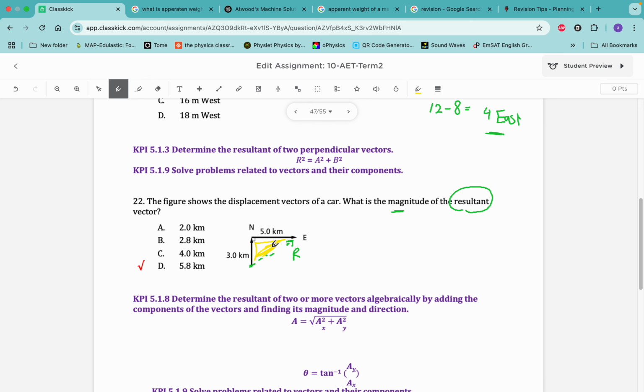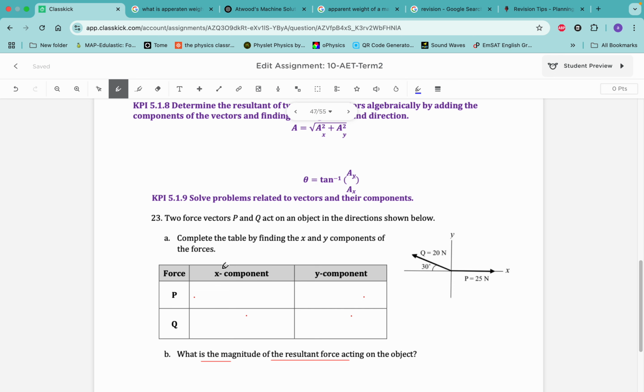Yes, this is a right angle triangle. So it's easy to find R by using Pythagoras: the resultant is equal to the square root of 5 squared plus 3 squared. By using the calculator, it gives 5.8 kilometers. So option D.